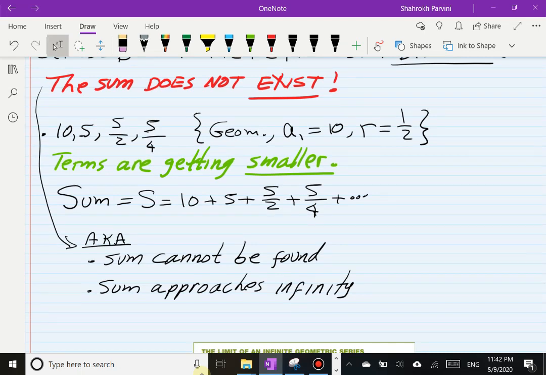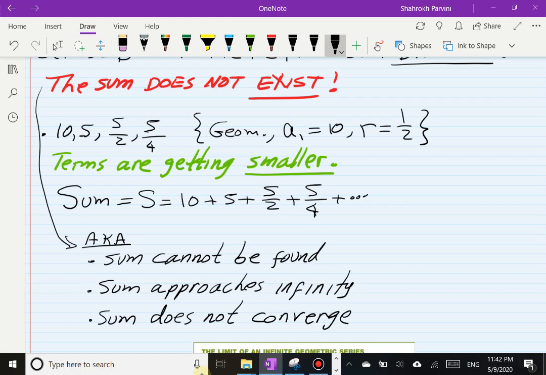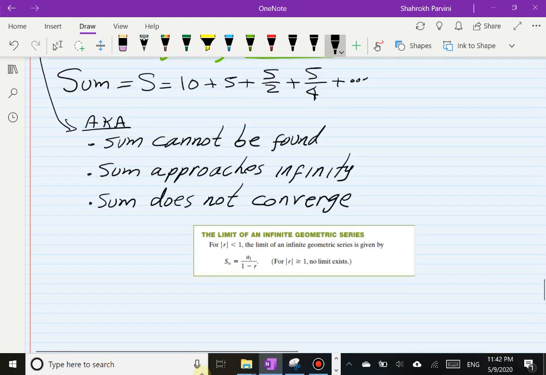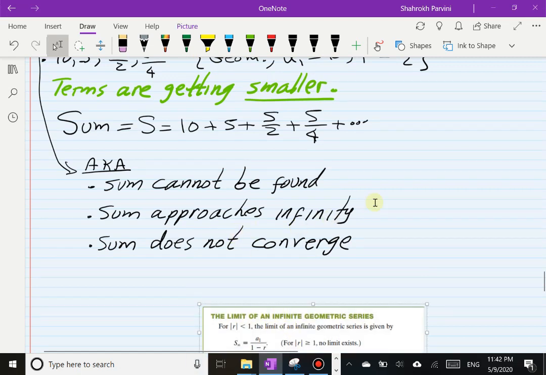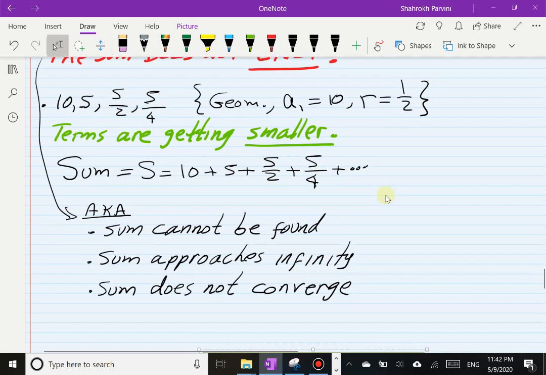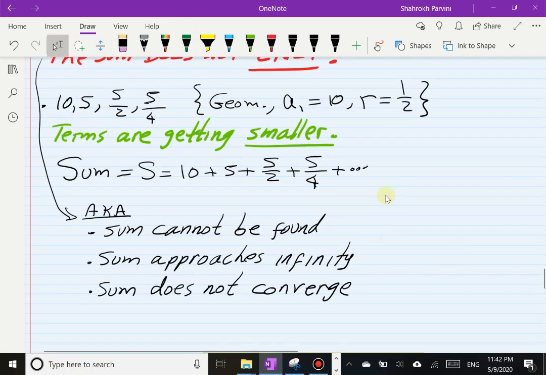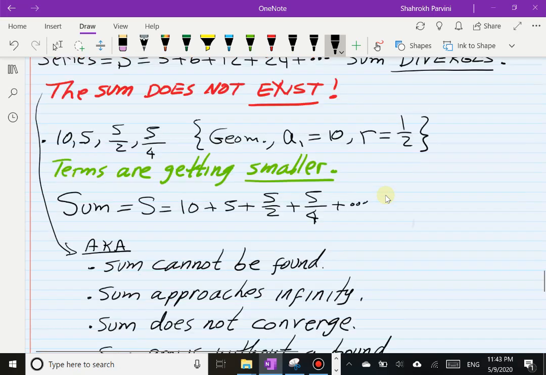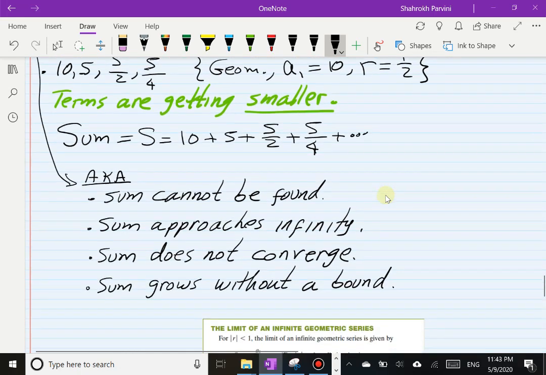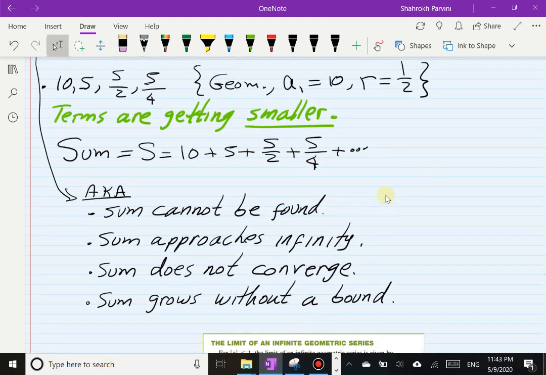And also some say the sum grows without a bound. It keeps getting bigger, bigger, bigger, and bigger. So all of those mean the sum does not exist. I'm just trying to give you some terminologies about this.